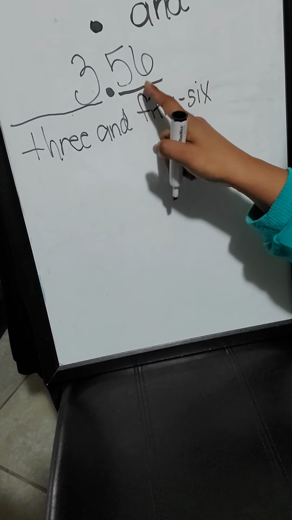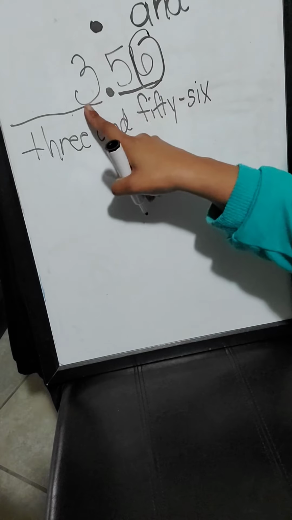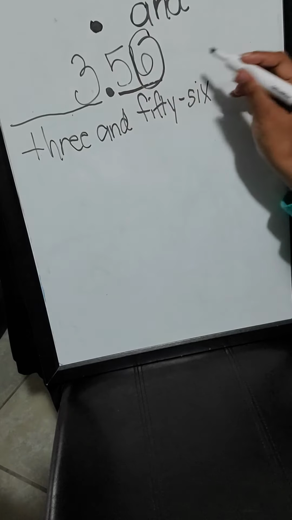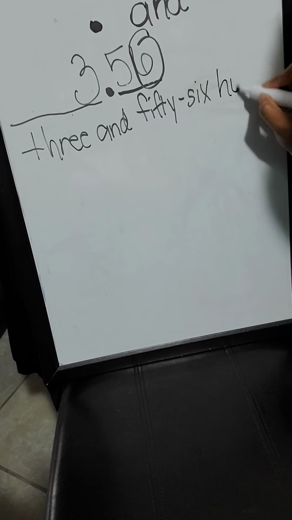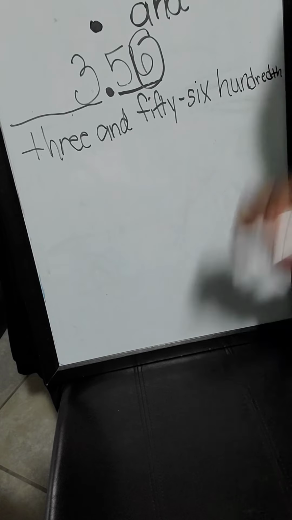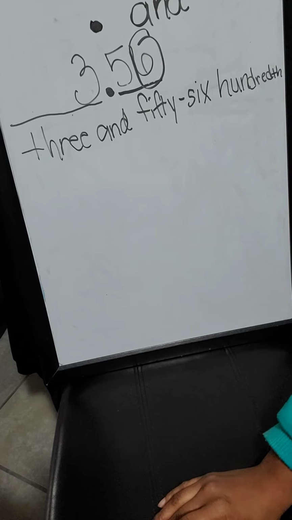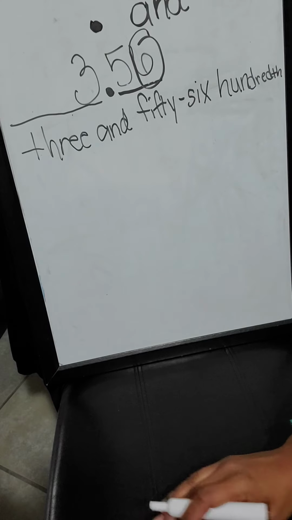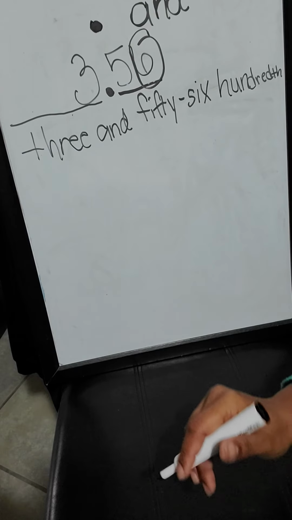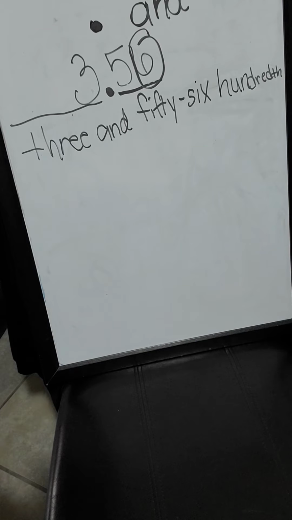You use the place value of the last digit, which is, this is the ones, the tenths, and the hundredths. So you use that last name, hundredths. Okay, so that's 3 and 56 hundredths. And then when it's money, you make sure that you say the dollar amount and the cents amount. Okay, so that one should not be hard. We worked on that. Everyone did very well on this concept.